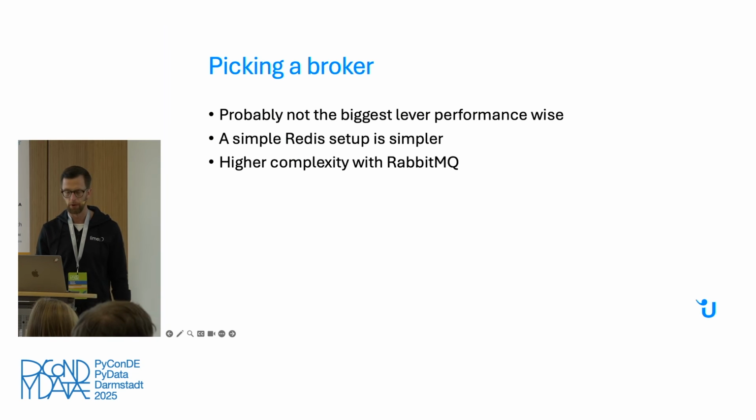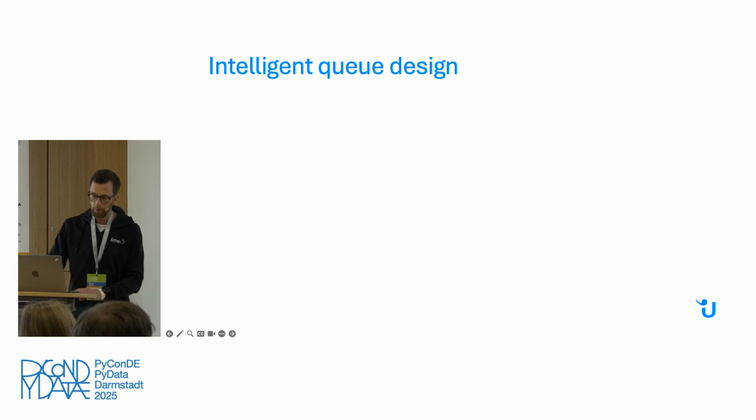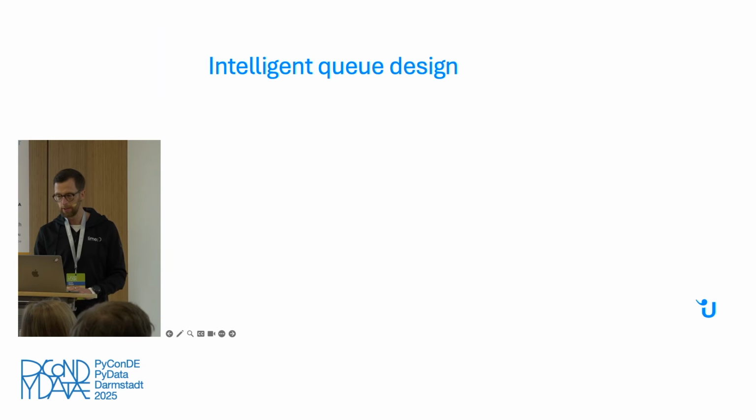There are a few more concepts to understand. But even this difference evens out, or maybe even reverses, when you want to go for a high availability setup and then you try to make your Redis highly available. So it depends on where you want to go, but switching out the broker at some point is probably relatively straightforward. More important is intelligent queue design.